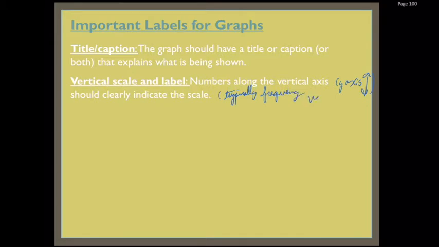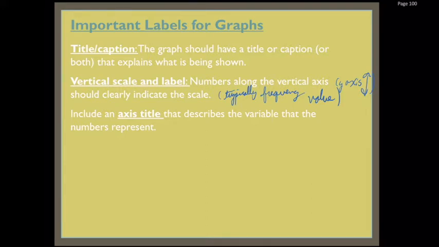All right, now we have it written down. Next thing we need to do is we also need to include an axis title that describes the variable. Okay, so if it's, say, frequency of heights or frequency of eye color, that means how often does that eye color occur. And we're going to talk about that in just a second.